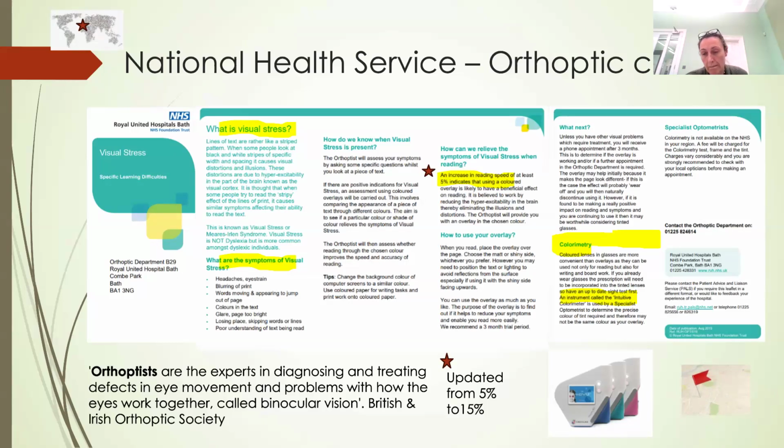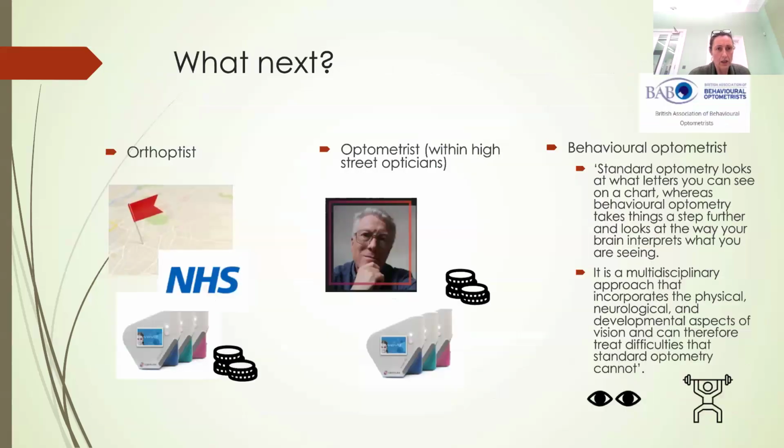stress. They used a machine called a colorimeter, but it was unclear which orthoptic clinics across the country had this and how to access it. So what next?